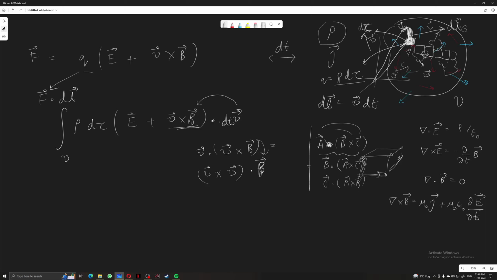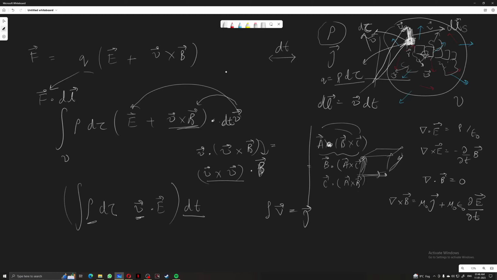Anyway, technicalities aside, v cross v will be 0 because it's the same vector, and I will be left with this term when this v is dotted with this. I have rho d tau, I have v, I have dot E, and then finally dt integrated over this whole volume. I can put dt outside as well, and then I can club this rho and v vector as the j vector.